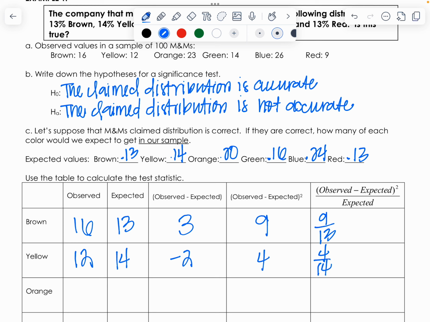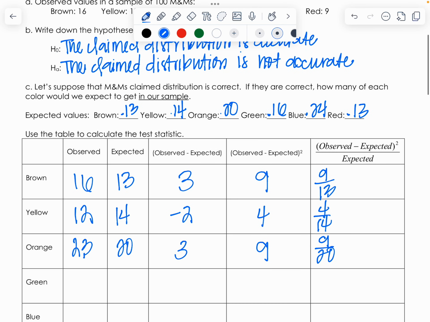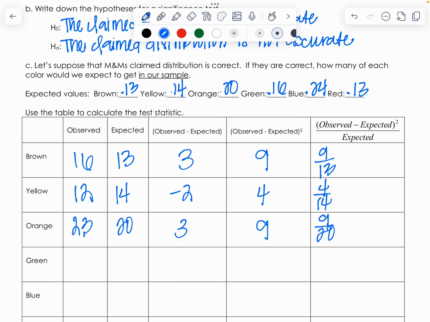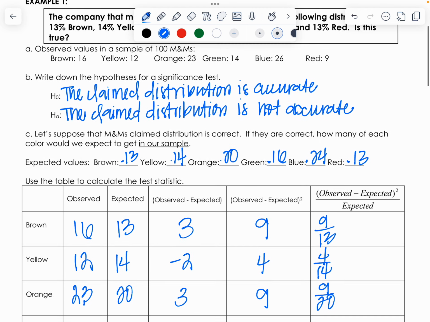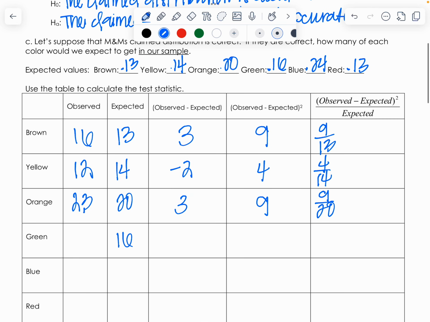For orange, I would have observed 23 when I expected to see 20, because 20%. Subtract those, I get 3, so this is 9. So this will be 9 over the expected 20. Okay. Green, we expected 16. We actually observed 14. So this is also negative 2. So when we square that, we get 4 over 16.